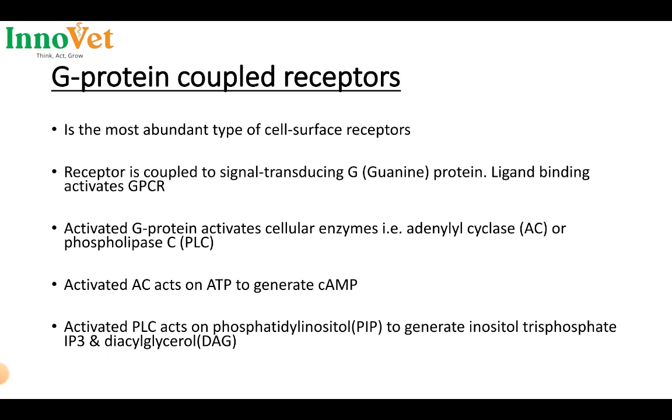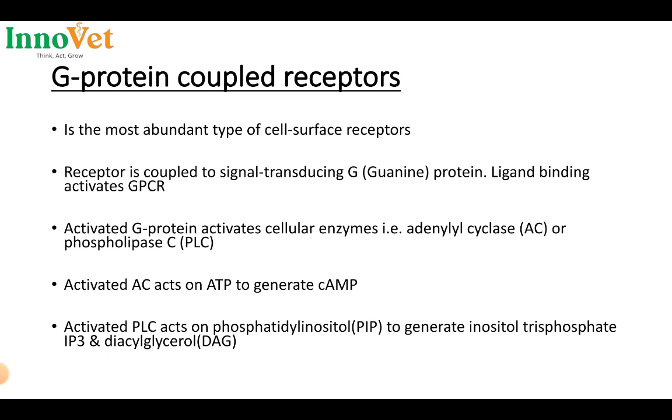The activated G protein then activates cellular enzymes such as adenylyl cyclase or phospholipase C. If it is adenylyl cyclase that is activated, it will go on to act on ATP, generating cyclic AMP.